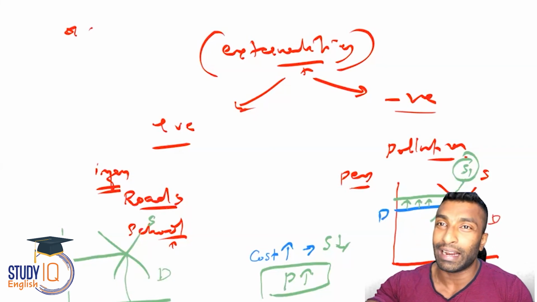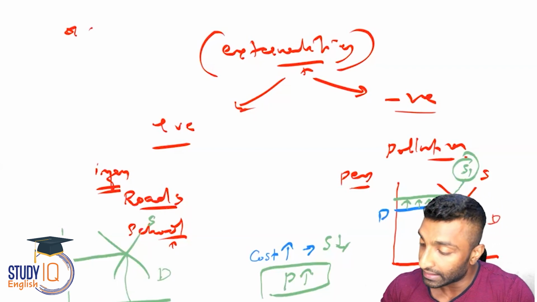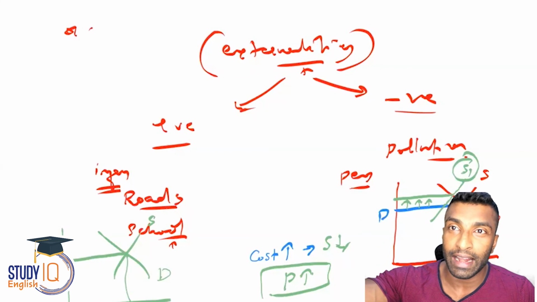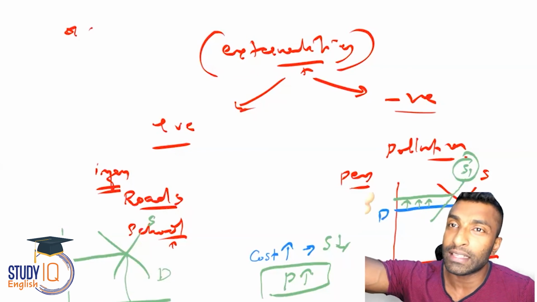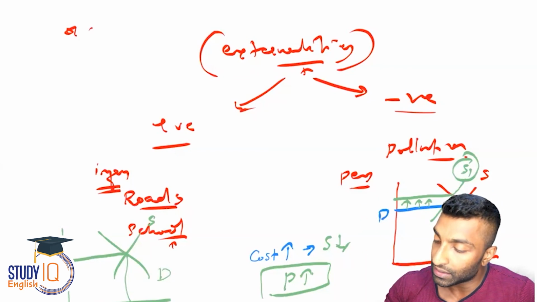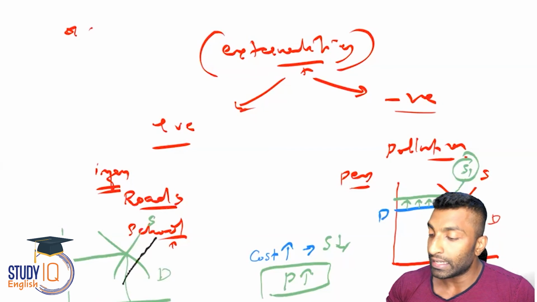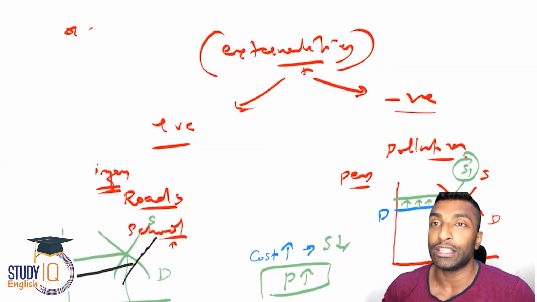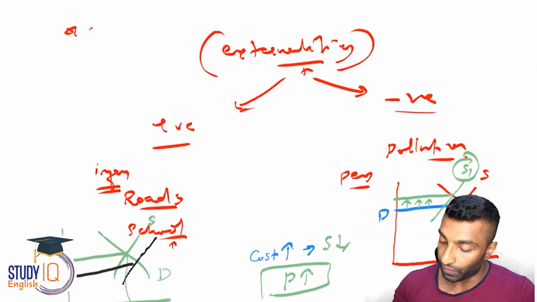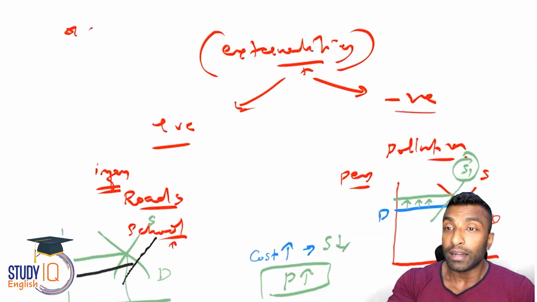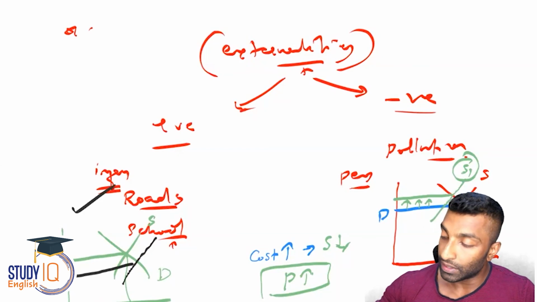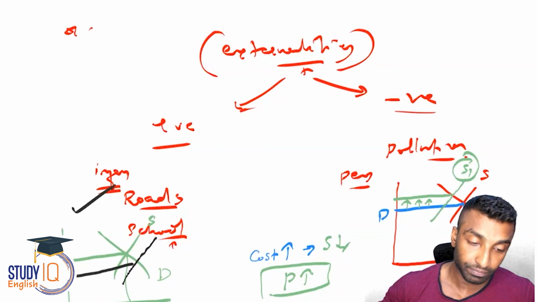Free land, free electricity, some infrastructure facilities, grants and aid, so that more schools will come. That means the supply will increase. When the supply increases, the advantage is the price will come down. So the price of education will come down so that more and more people will get education. So here, this is considered good, right? I hope this is very clear for all of you.